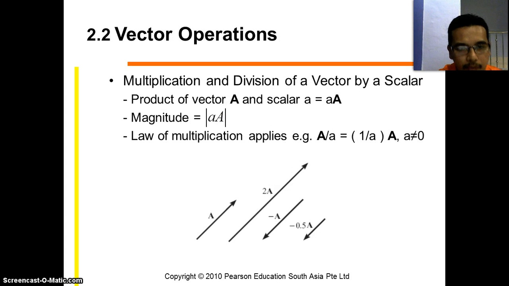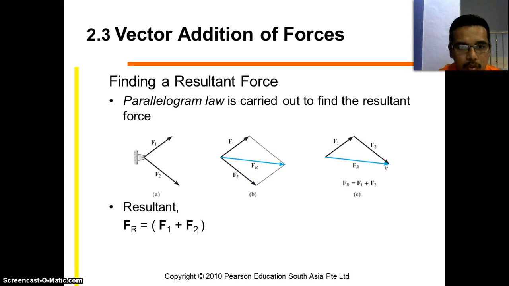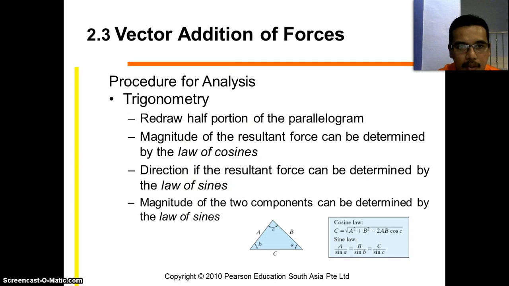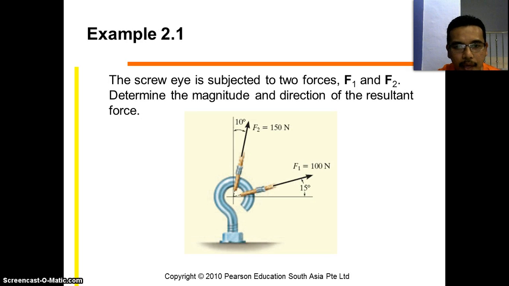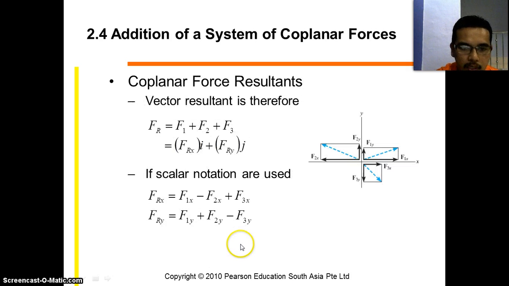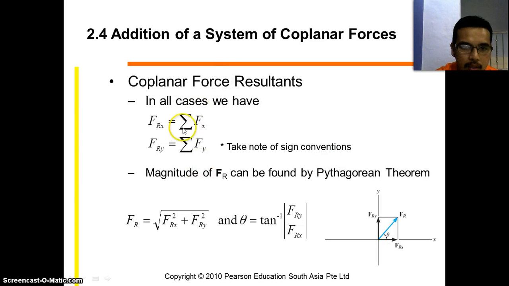A vector has direction and magnitude, so we can add vectors using the parallelogram law method if only two forces act on that point. But if we have more than two, we need to use coplanar forces. We need to resolve the force into x and y components, then use the formulas for the resultant force in the x component and the y component.